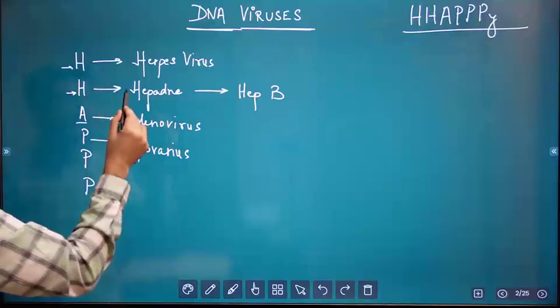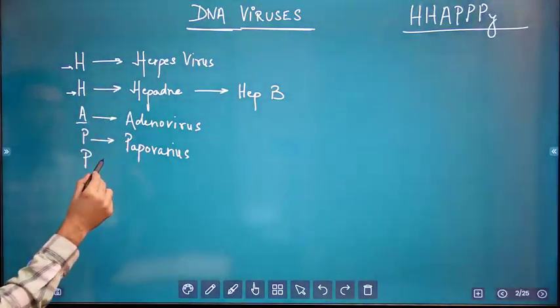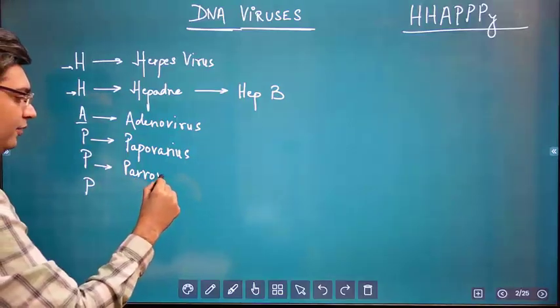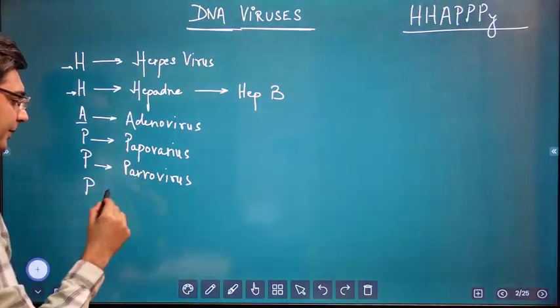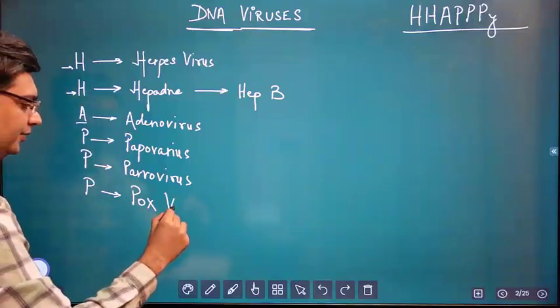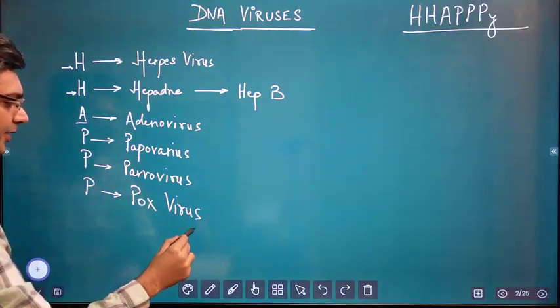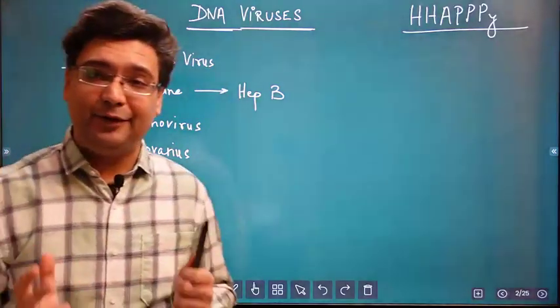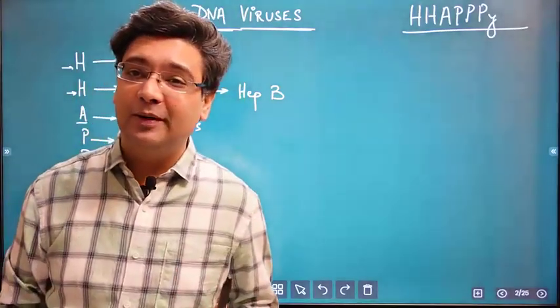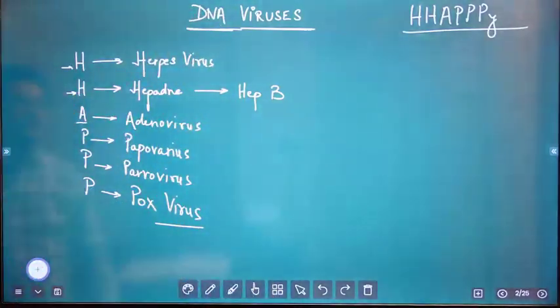So we have herpes, hepadna, adeno, papova, and then we have the parvovirus family. And finally, the last P here is the pox virus family. So you can see the spelling of happy is not correct. It is not H-A-P-P-Y, it is H-H-A-P-P-Y. Just remember that Y is just an accessory.